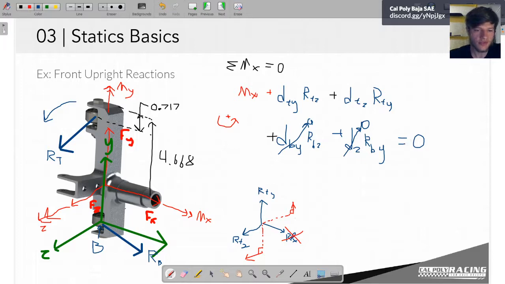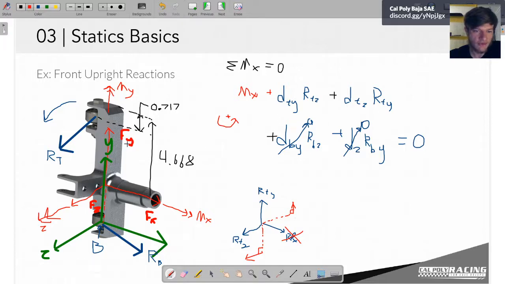Oh, and it looks like I've left off one. Maybe the more astute of you will have noticed. Since we moved our coordinate system from where the wheel force transducer measured, we have another moment caused by the z force that the wheel force transducer showed us. So we have this other moment here caused by Fz separated a distance.